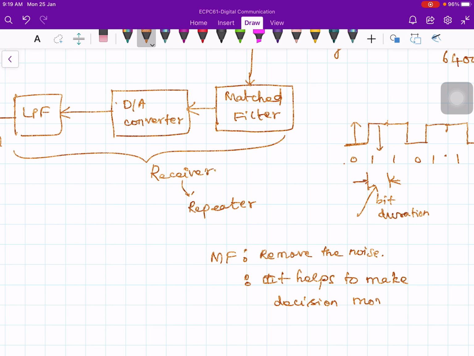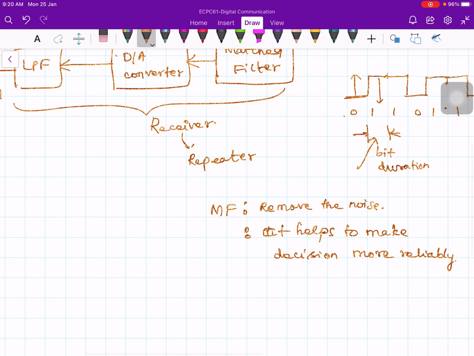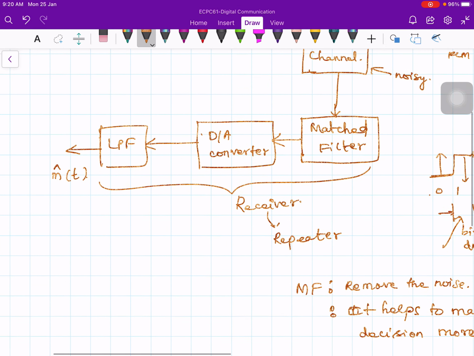But we will go into the details of the matched filter slightly later, and at the moment we just have to know that such processing is required to take care of the noise in the PCM system.